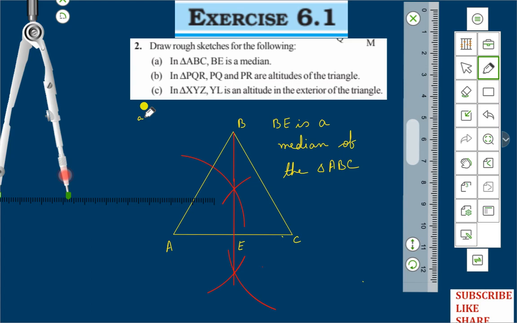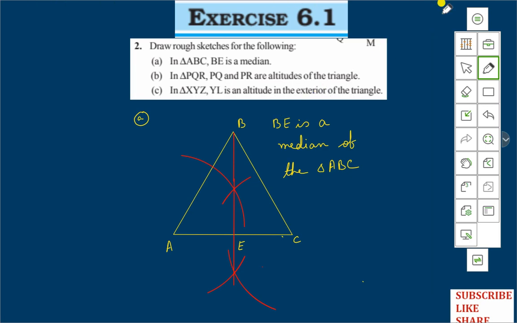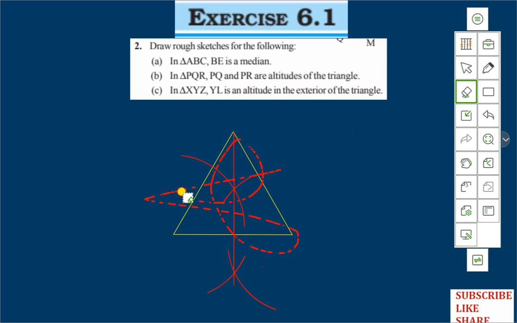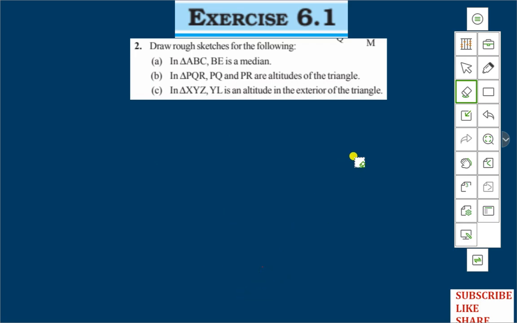This is question number A. Right? Now we shall solve question number B. Draw rough sketches for the following.